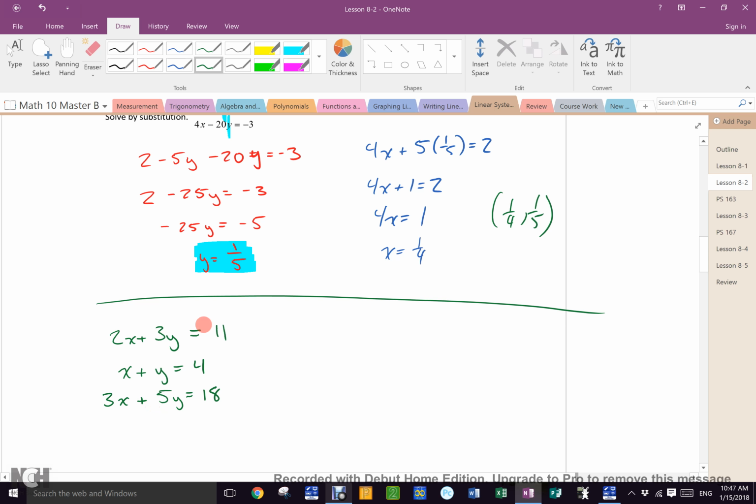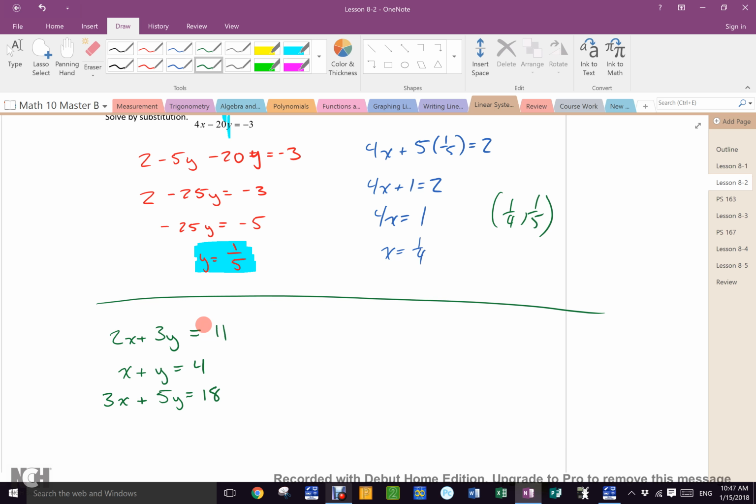What would you do with that? You just do the same thing, but how many times? You have to do it thrice, right? You would choose your equation, isolate, substitute in, and you'd have the answer.